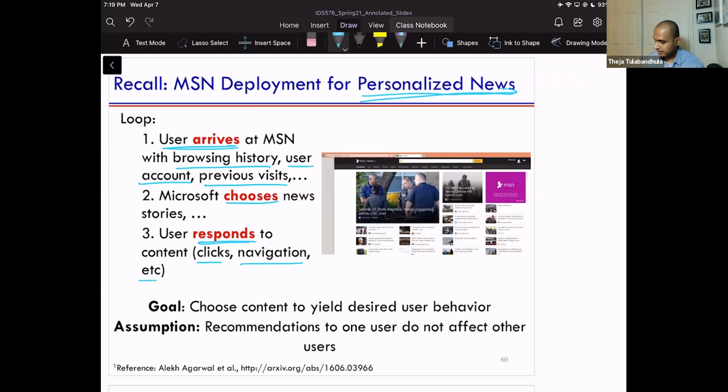This keeps happening in a for loop. A user comes with their information, you take a decision, and then the user responds by rewarding you by spending more time on your website. And then again, a new user comes. This second user may have a completely different context, and so you want to show a completely different set of news stories to them, and so on.